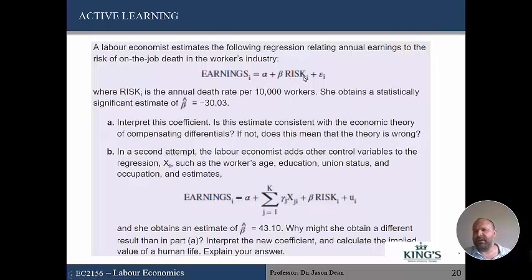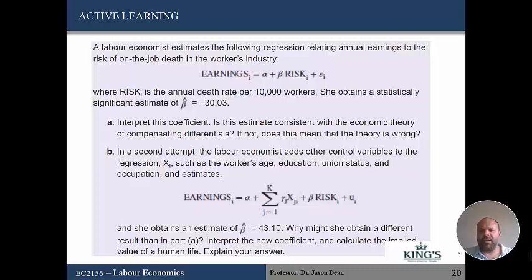This risk variable is the death rate per 10,000 workers. When the researcher does the estimation, she obtains a statistically significant coefficient of beta hat equals negative 30.03. So is this coefficient correct? The first question is to interpret this, and is it consistent with theory?